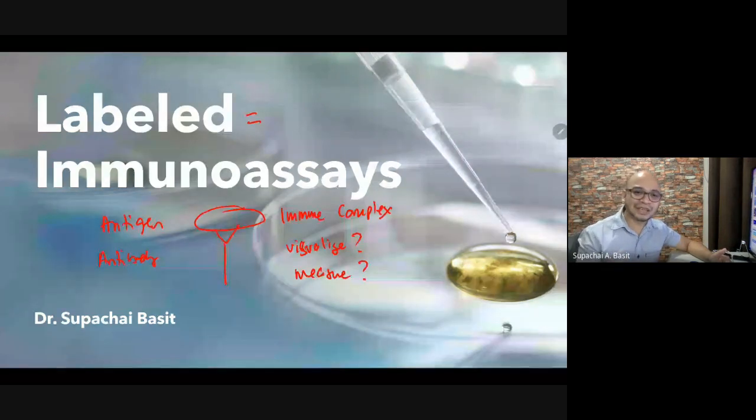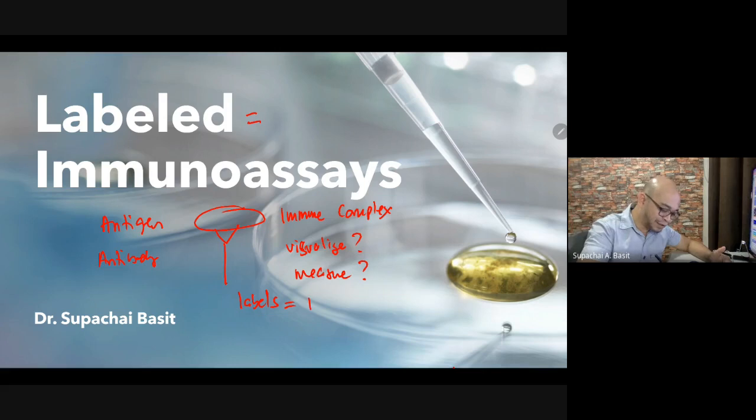So there are actually three major types of labels. These particular labels will serve as an indicator so that we can visualize and measure this immune complex. These indicators or labels can be in the form of enzyme, radioisotopes, or fluorescent dyes.